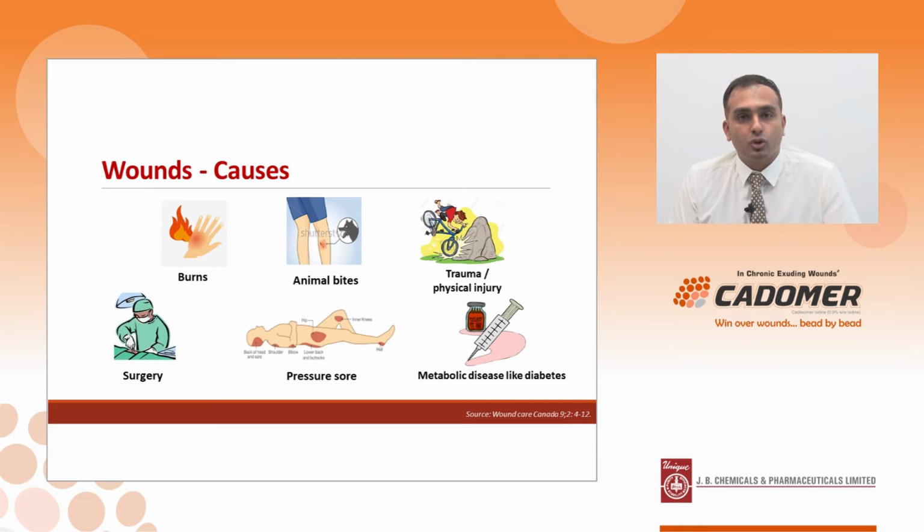Then comes pressure sore. A pressure sore is a type of wound caused in individuals with prolonged hospitalization or immobility, or a person who is in a coma, or who is completely on bed rest for an extended period of a few months.